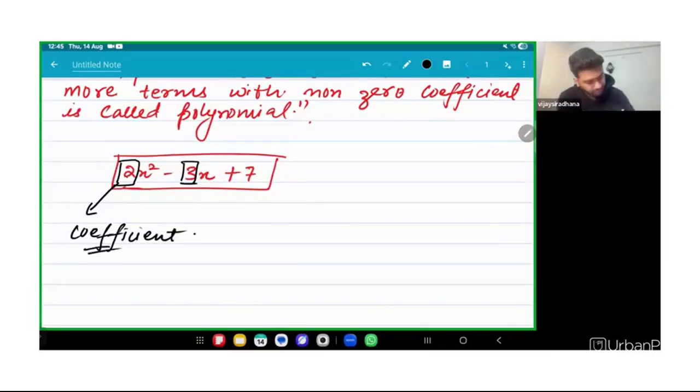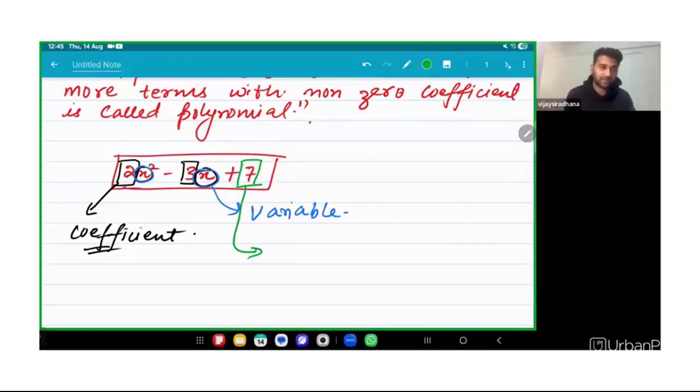The second thing, the variable: in this equation, there is only x, so x is the variable. Then the third thing is the value 7, which is known as the constant.